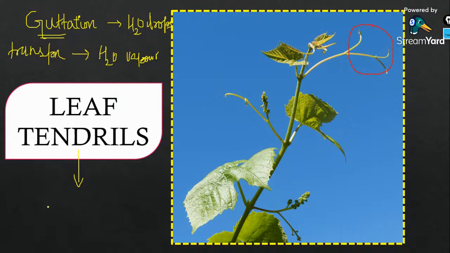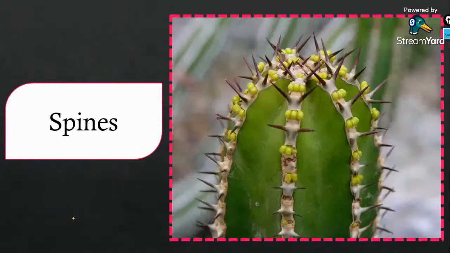So leaf tendril is found in the pea, and what is its function? For climbing. Leaf spines are found in which plant? Very good, in cactus.